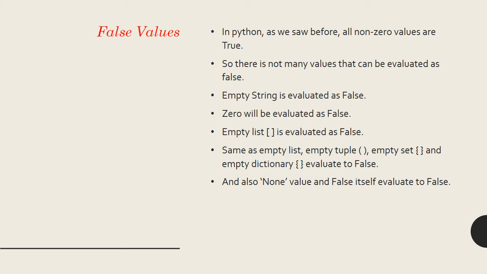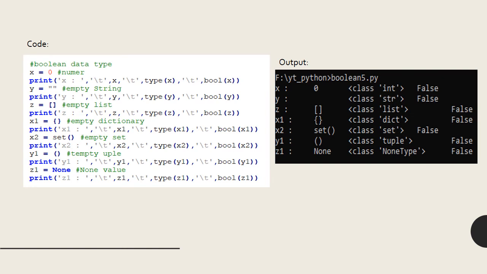Let's learn the example and let's discuss what we learned about false values in an example. Now in Boolean data type, we are giving the number 0, empty string, empty list, empty dictionary, empty set, empty tuple and None type of value in the variables and printing the type of the variable, and then we are printing the value we are having by using the Boolean type of data bool function.